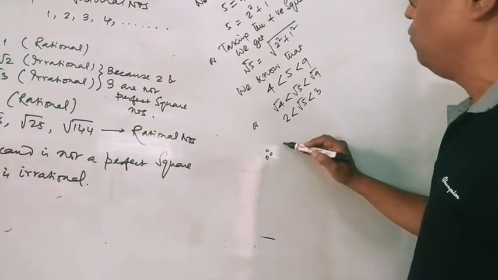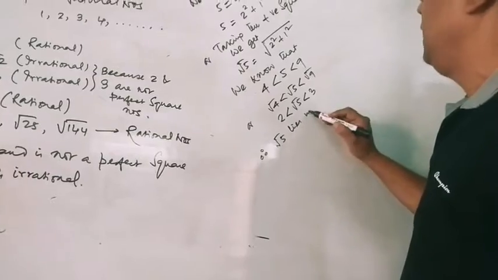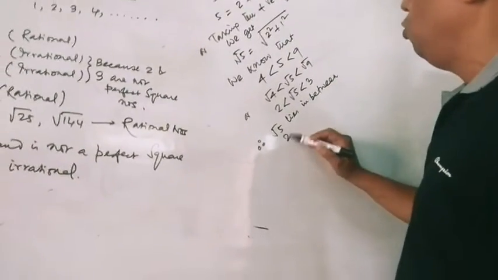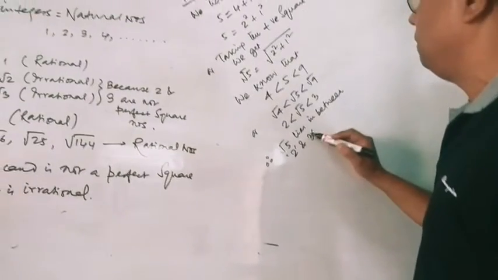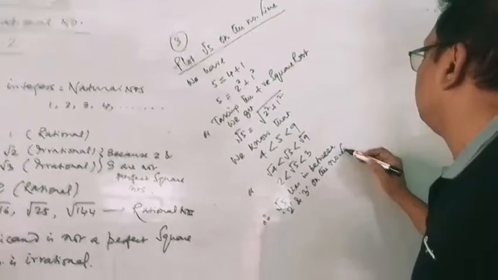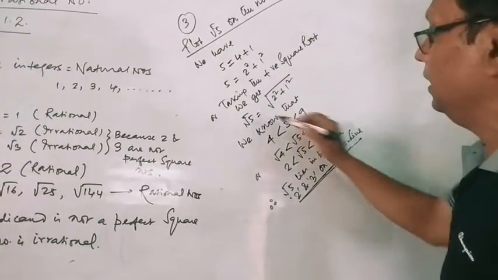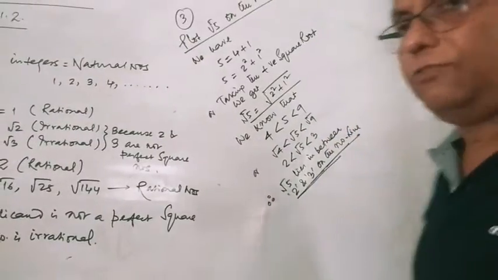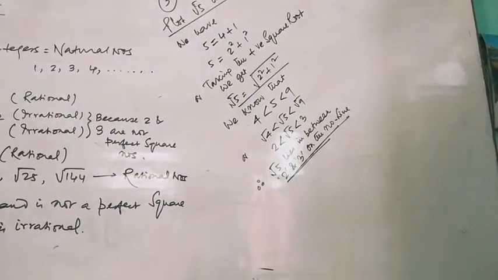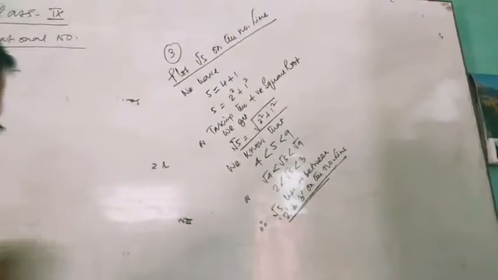Therefore, root 5 lies between 2 and 3 on the number line. So this is one finding. Now we are going to plot root 5 on the number line. Pay attention.